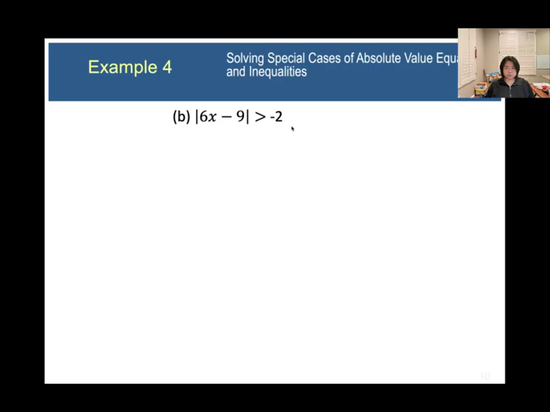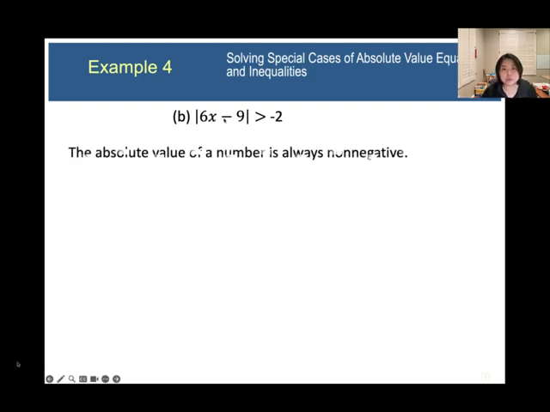Okay, another one. Absolute value of 6x minus 9 strictly greater than negative 2. But think about it. The absolute value of a number is always non-negative, okay? This guy has to be positive. So positive is always strictly greater than a negative number.